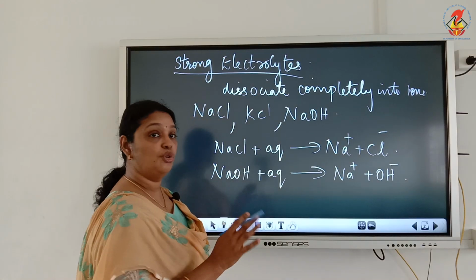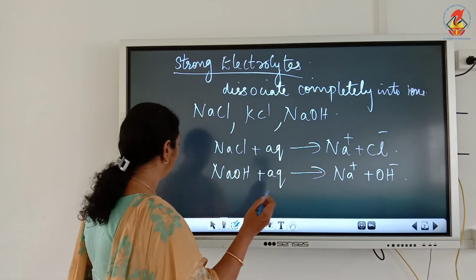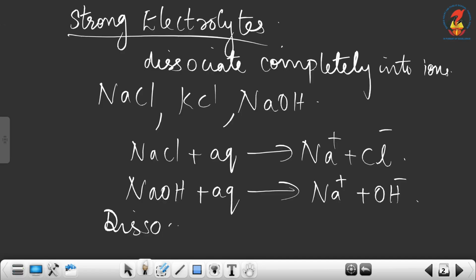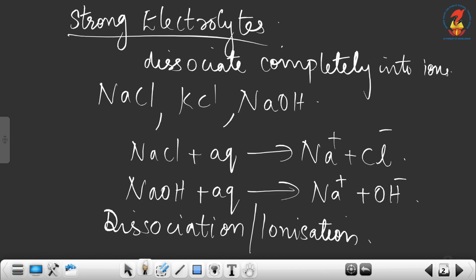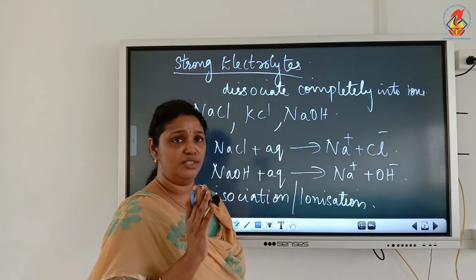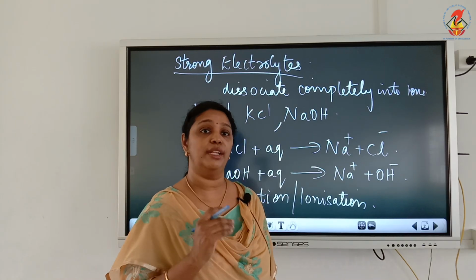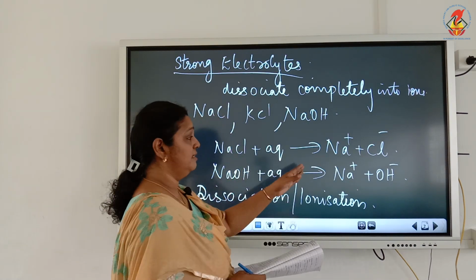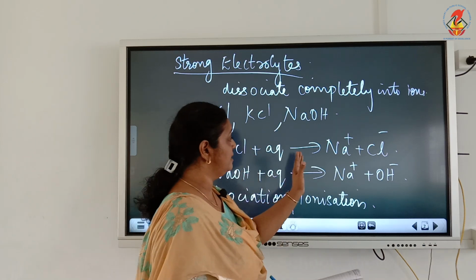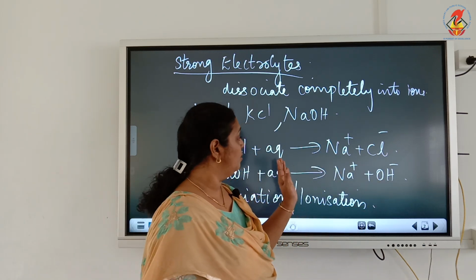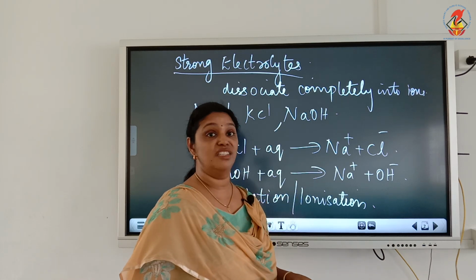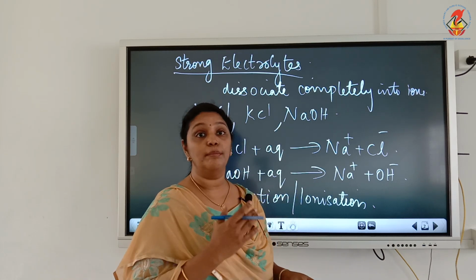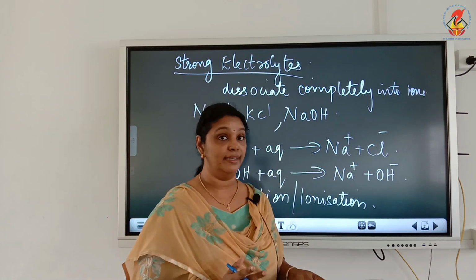Dissociation and ionization both mean the same, so I will use both terms: the dissociation of electrolytes into ions. Since it is completely dissociated into ions, we put only a single arrow. This is not a reversible reaction. This is a complete dissociation, so we give only a single arrow.